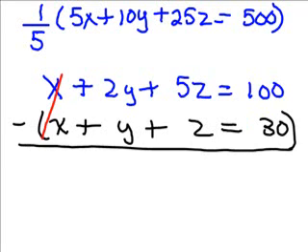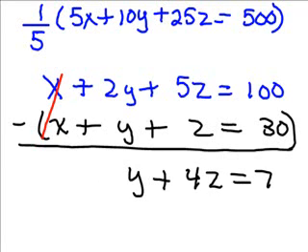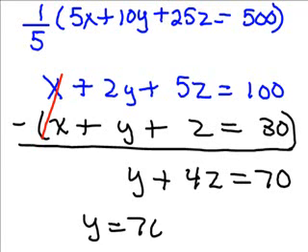So I'm left with y plus 4z equal to 70. It's really obvious that I'll be solving for y. So I'm just going to subtract 4z from both sides, and I have y equal to 70 minus 4z.